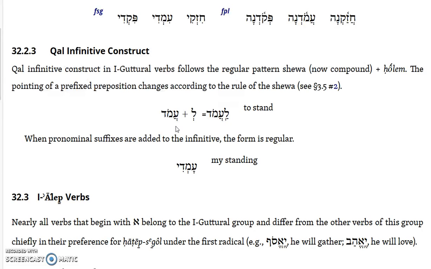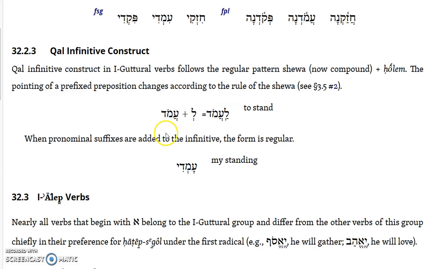And so to stand is amod, and you can write that with preposition lamed, and then by rule of shavah, you have two shavahs in a row. In this case, since it's a composite shavah, the vowel under the lamed will be the vowel of the half vowel, and so you'll get la'amod, to stand, if you add preposition lamed to it. Again, that's not unusual. That's the rule that you would normally expect.